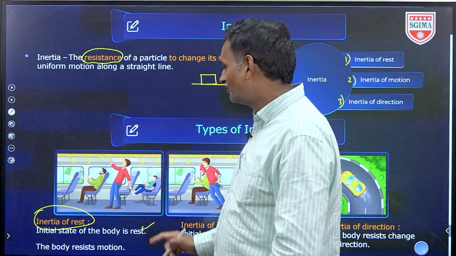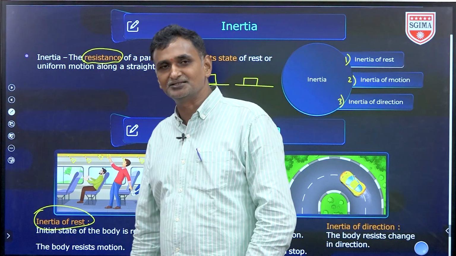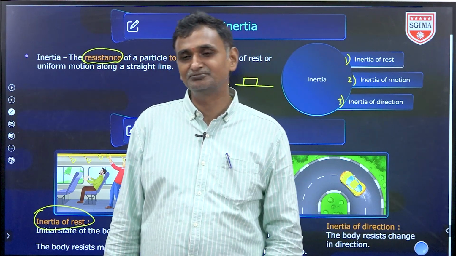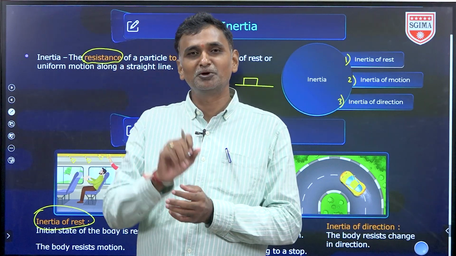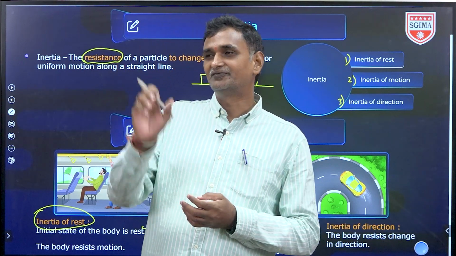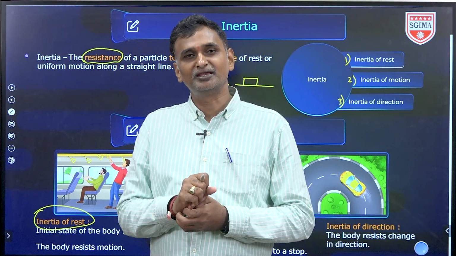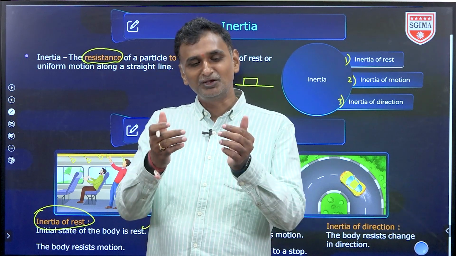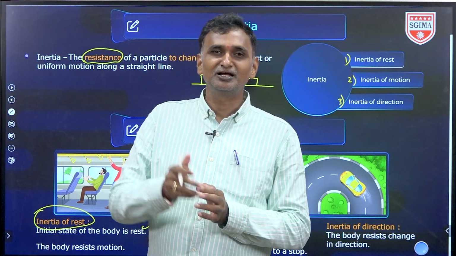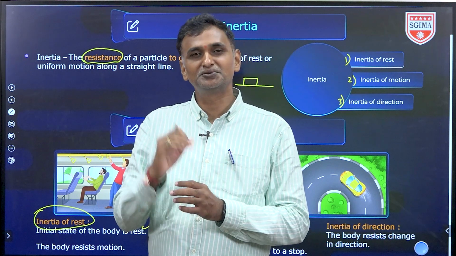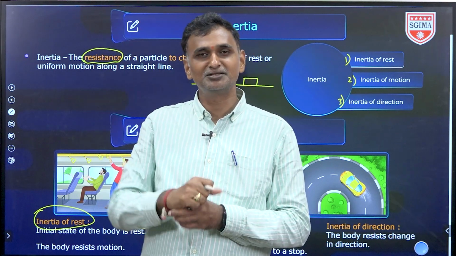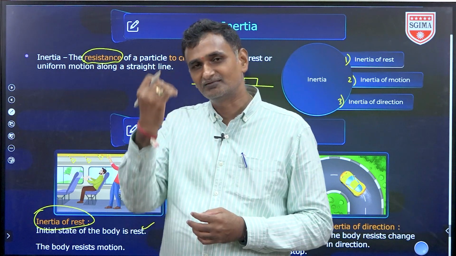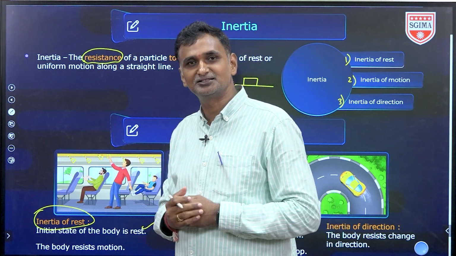Okay. And we can discuss more examples of inertia of rest. For example, when you shake the branch of a tree, ripened fruits fall, because the fruit on the branch is at rest. When you give a sudden jerk to the branch, the fruit resists its motion. So the stem connecting the fruit to the branch will be broken and the fruit will fall. Okay, this is one example.